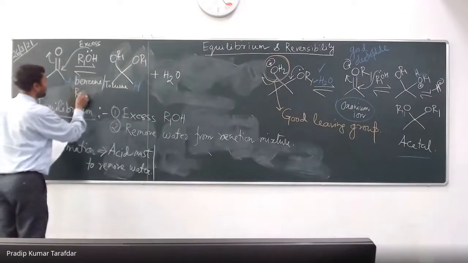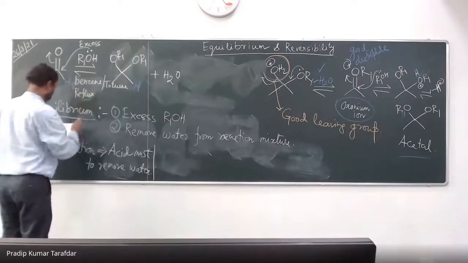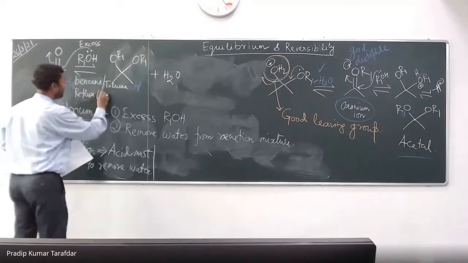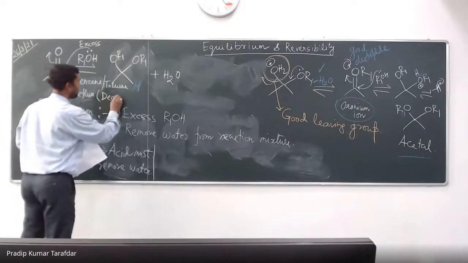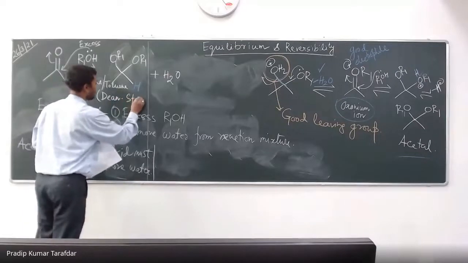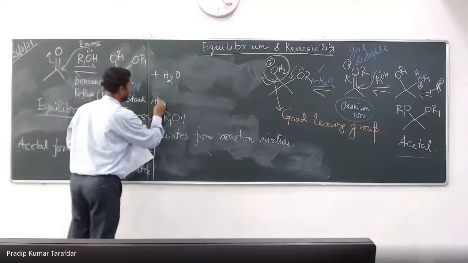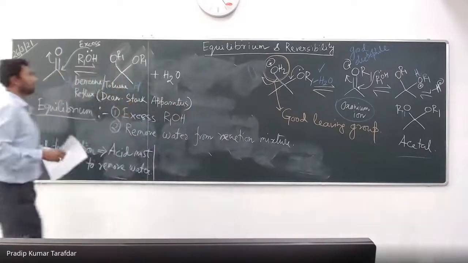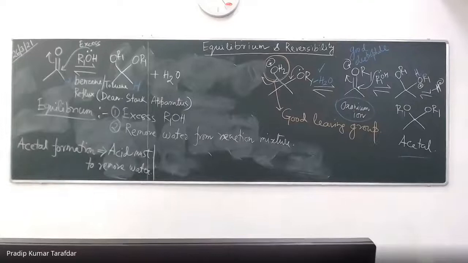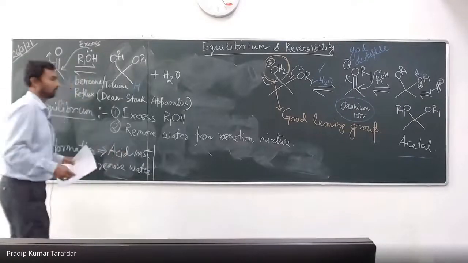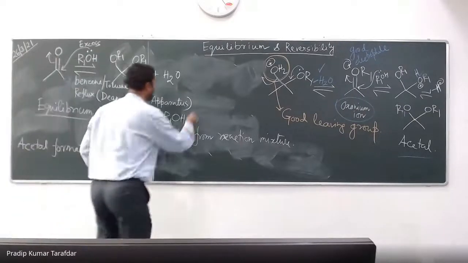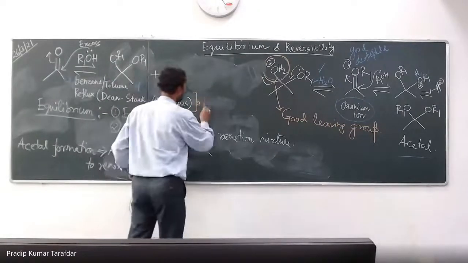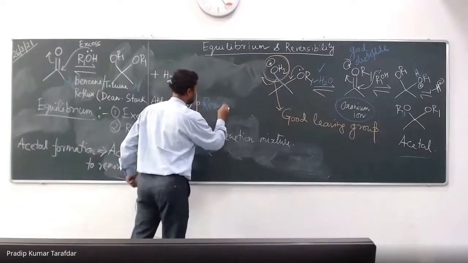Then under reflux condition, you need an apparatus called the Dean-Stark apparatus. Using this apparatus, you will be able to remove water. What is the use of this? This is useful to remove water.